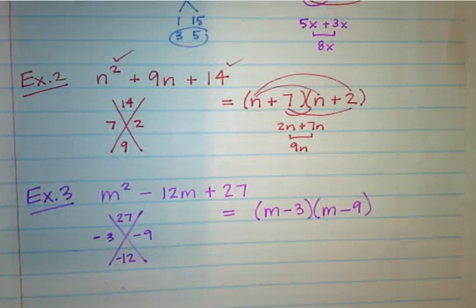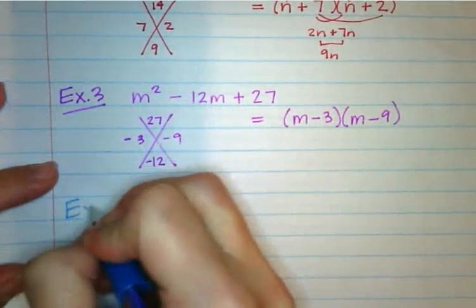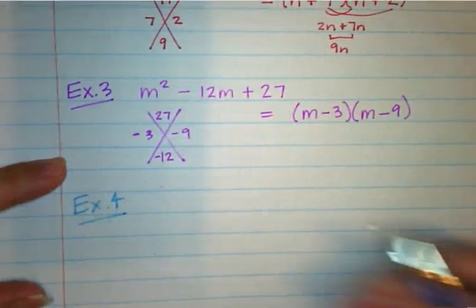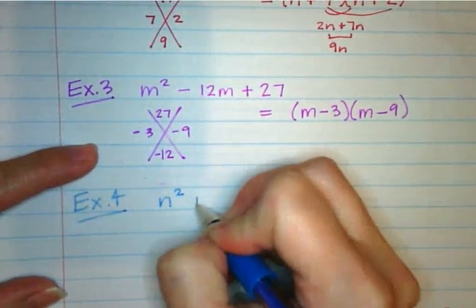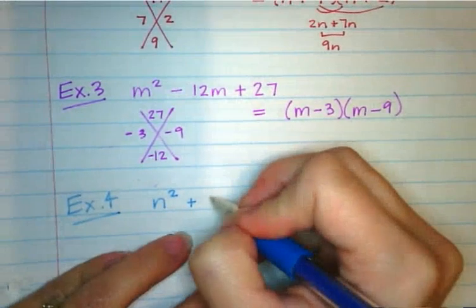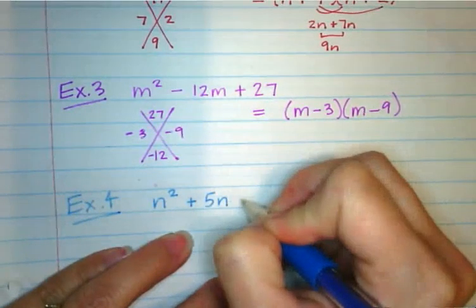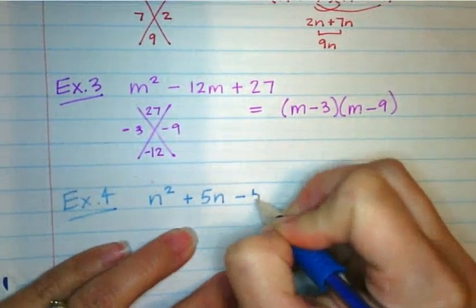Okay, for the next one, let's try number 4. How about n squared plus 5n minus 50.